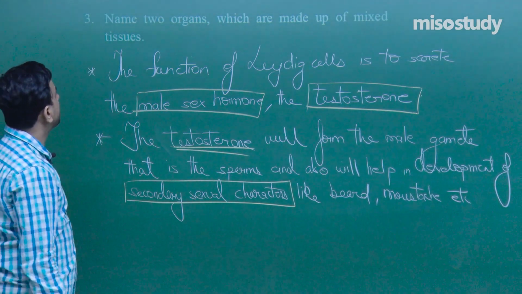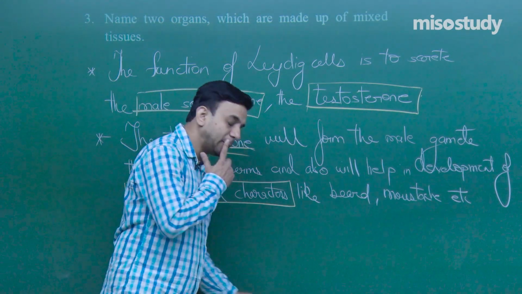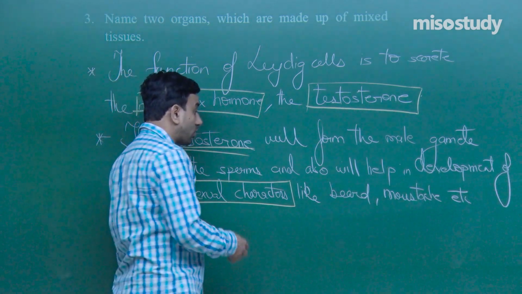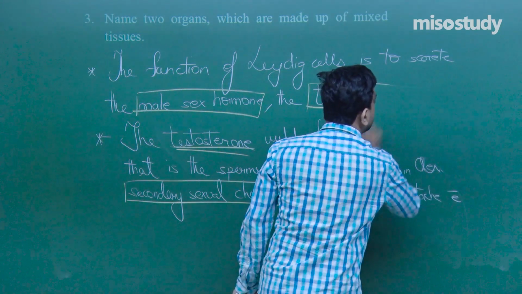Name the two organs which are made up of mixed tissues. Mixed tissues, the heterocrine we are talking about.